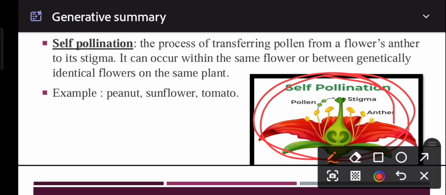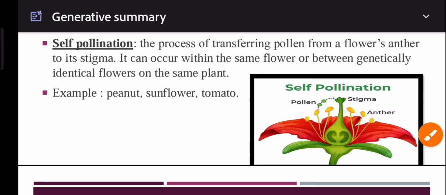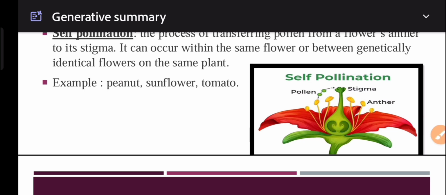That is called self pollination. Understand? Examples for self pollination are sunflower, tomato, peanut, etc.